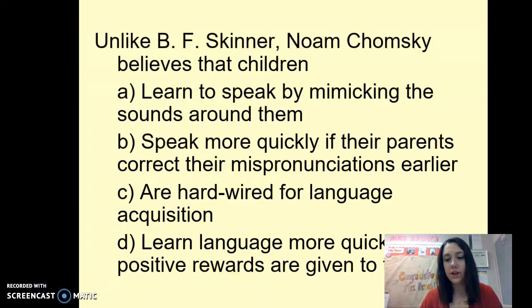This language stuff is really simple, and if you know all of this, you should be good for your test, for your AP exam. Just keep in mind the different theories, behaviorism versus nativism. Keep in mind Benjamin Whorf and linguistic determinism or linguistic relativity. Keep in mind morphemes and phonemes.